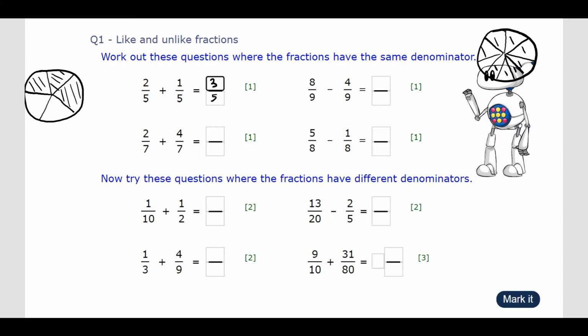And then we take away 4/9. So I'm going to unshade 4 of those pieces. We can see we only have 4 pieces shaded in, so 8/9 take away 4/9 is simply 4/9. So we can see when the denominators are the same, we just add or subtract the numerators.